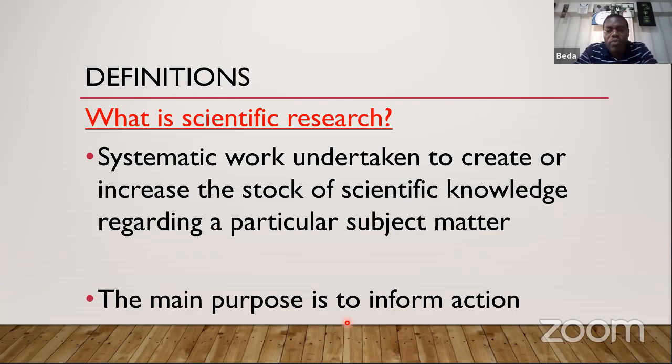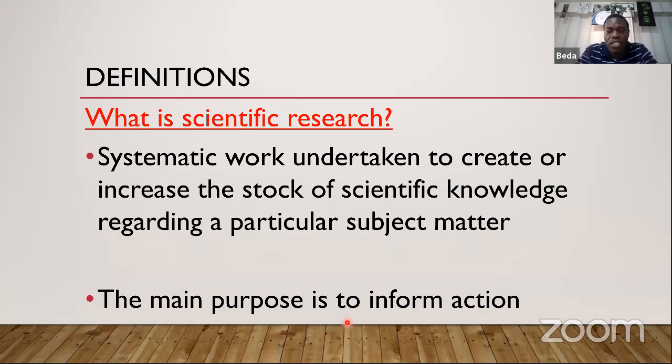The overall main purpose of scientific research is usually to inform the direction of action. For example, if there is malaria, and there's a particular drug that needs to be tested. So maybe you try a particular therapy. Some people use AL, some people use, let's say, artemisinin derivatives. Then some people use another new drug.